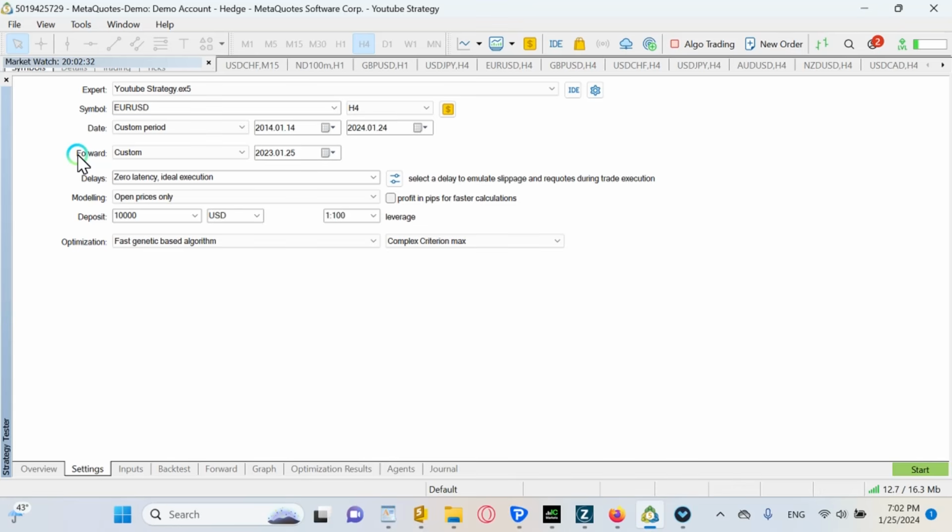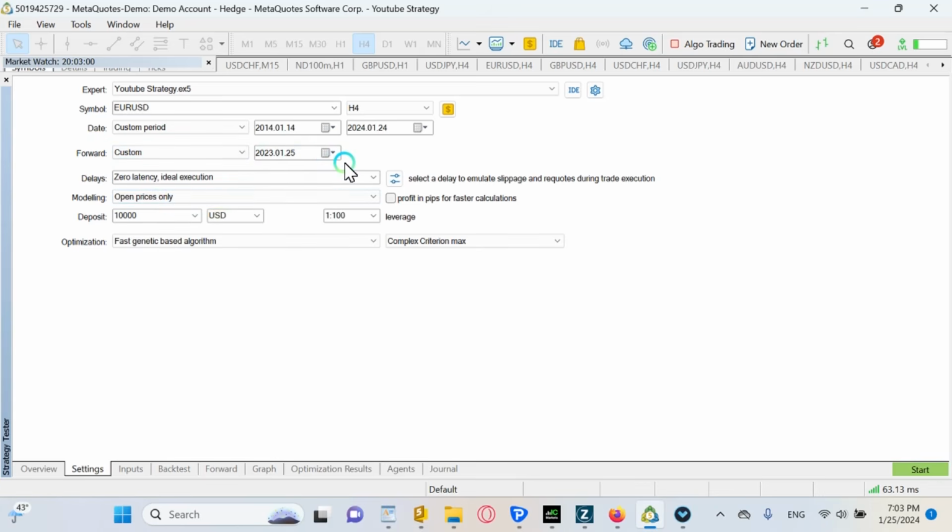Let's just start. First of all, we are here in MT5, and in MT5 you can of course optimize your strategy, and compared to MT4 you have a forward option, and here you can choose how much you want to forward test your EA.